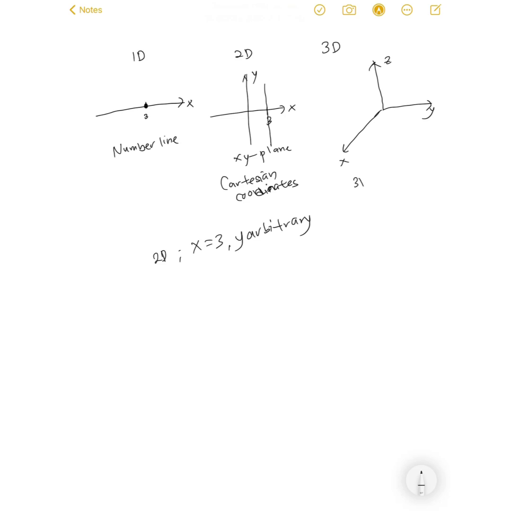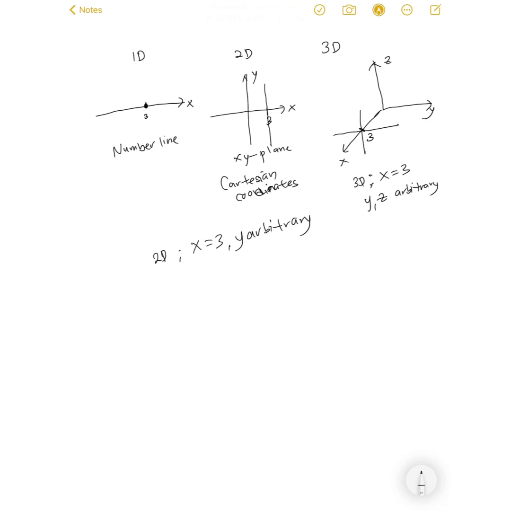So in 3D, if my x equals 3, I have two other variables which will be arbitrary, and they are y and z. So when I have x equals 3, my y can take any value, my z also can take any value.